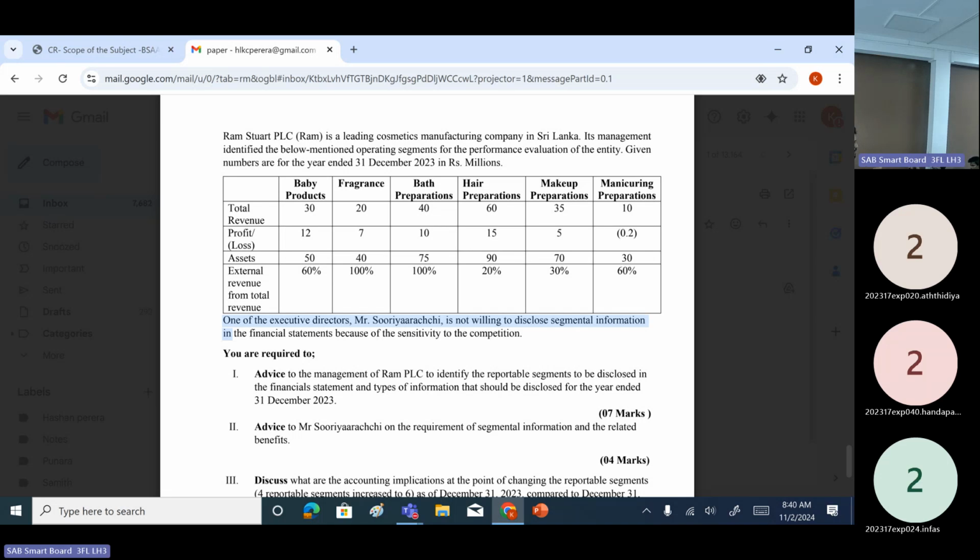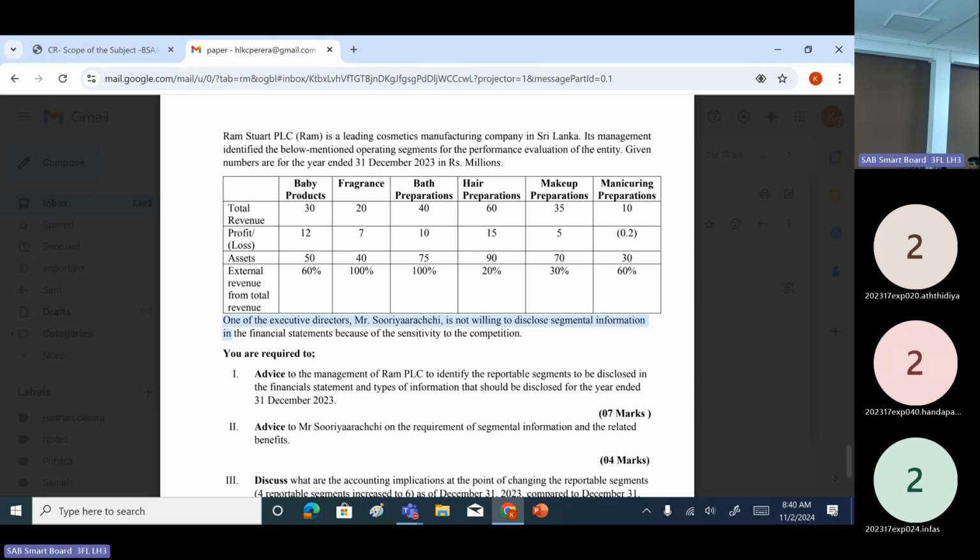So then you should have the ability to know how we are going to merge these segments and what are the reportable segments, how we are going to identify them for decision makers' purposes. Right? So then that is the learning part you should have. Accordingly, we have given different segments. Here we have, right? Bath preparation, hair preparation, makeup preparation, different segments.